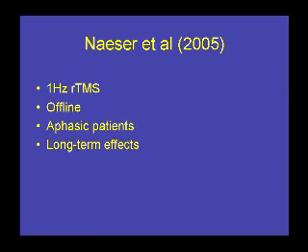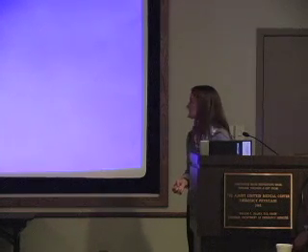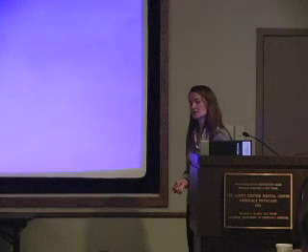Okay, so the first study, by Naeser et al. 2005, is a 1 Hertz rTMS study, as I said, offline. And this was with aphasic patients, looking at long-term effects of TMS. It is based on an earlier study by the same group in 2002, where they found a benefit of rTMS in the right homologue of Broca's area, pars triangularis.